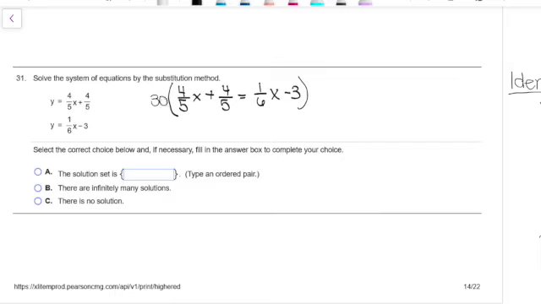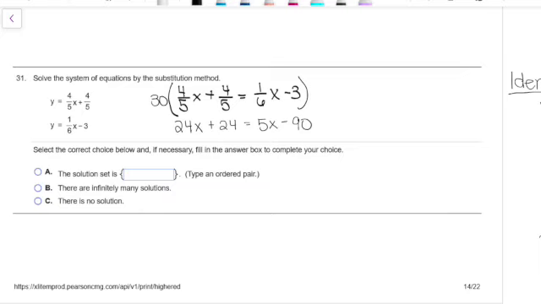So then I would have 30 divided by 5 is 6, times 4 is 24x. 30 divided by 5 is 6, times 4 is 24. 30 divided by 6 is 5, times 1, so 5x. And then 30 times 3 is negative 90.